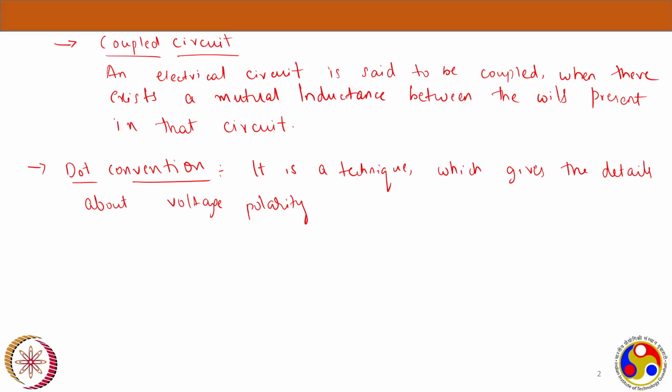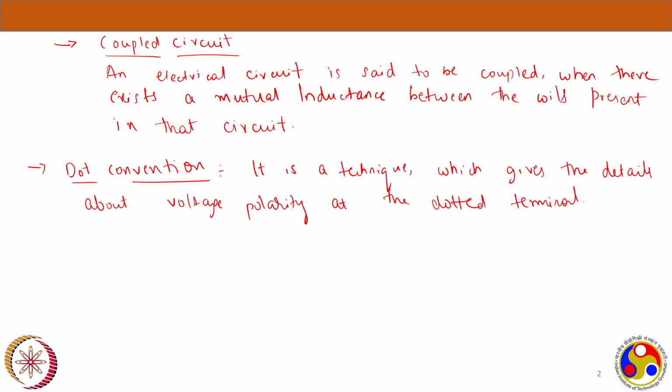That's how this dot convention is important. I will tell you two more rules later, but if you understand those rules, we can easily tell the voltage polarity at the dotted terminal. These are definitely important while writing the KVL equation, as I said.